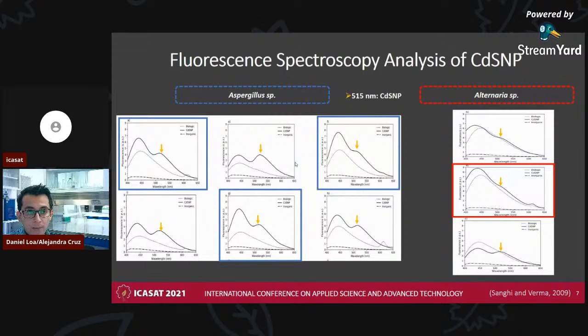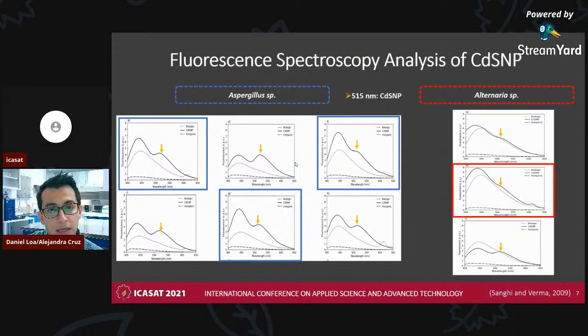In blue are indicated the isolates selected for additional analysis, and in red the isolates corresponding to the Alternaria genus, because only the 4 highest fluorescence responses were selected for further analysis.